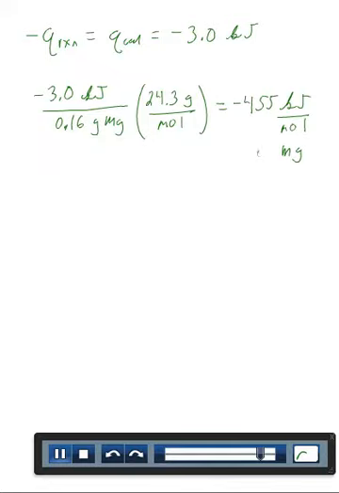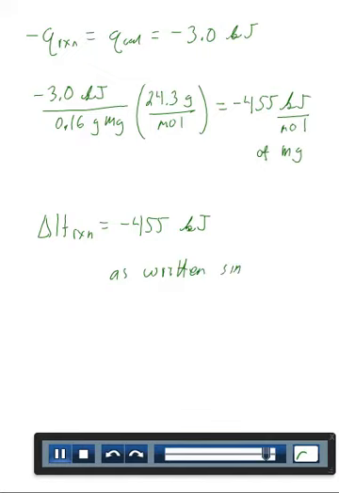So I can say that delta H of the reaction is equal to minus 455 kilojoules as written, since I have 1 mole of magnesium in the balanced equation.